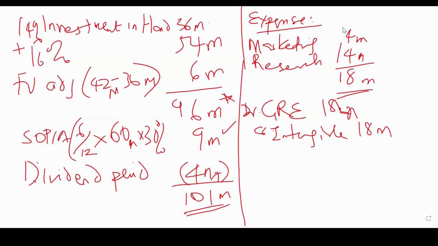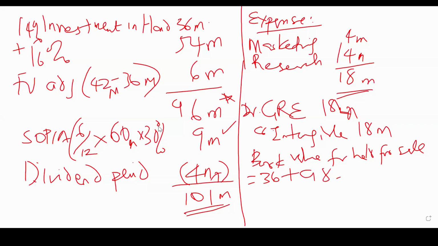So the book value of what is held for sale is going to be 36 million plus 98 million. 6 million is a liability, so I'll minus. That gives me 128 million.